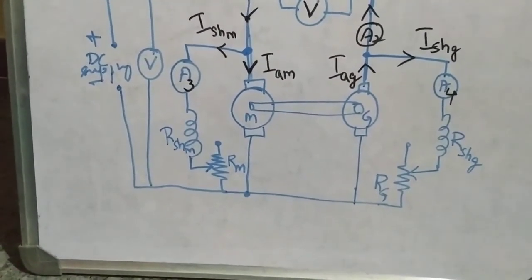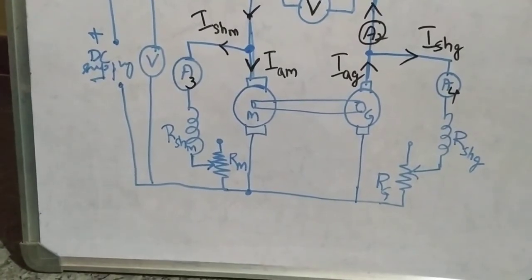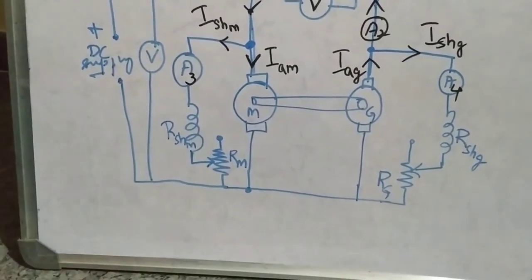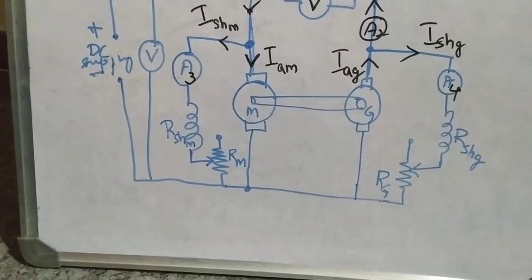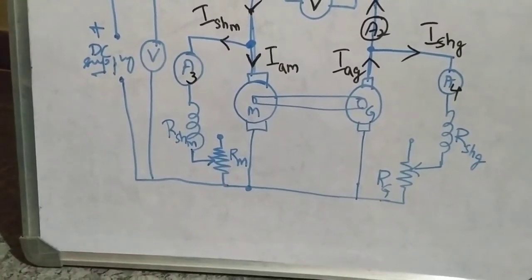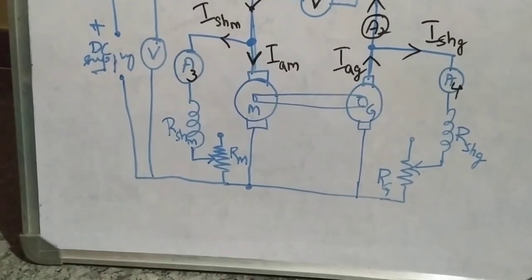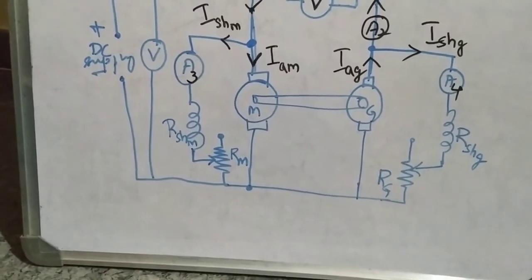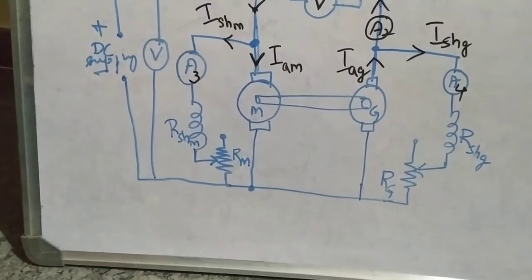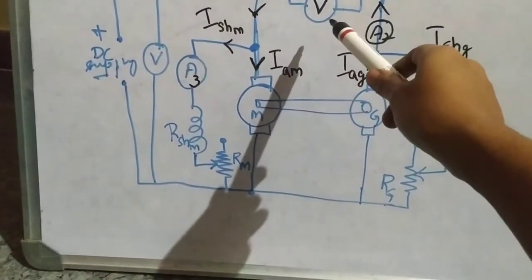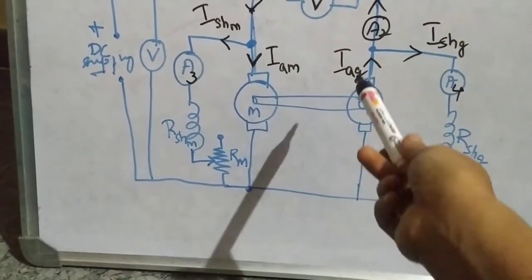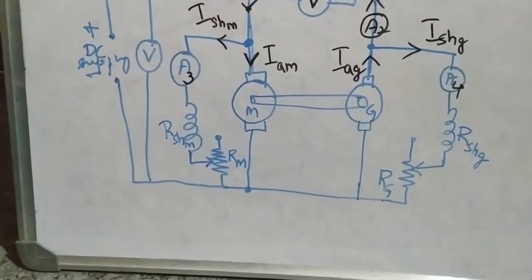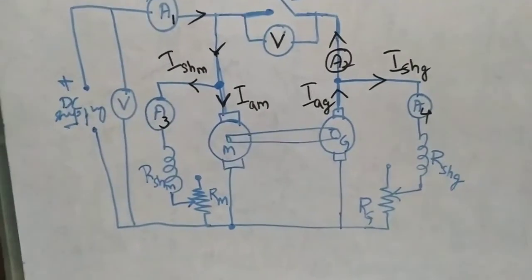Here the voltmeter will read 0. This will indicate that the generator voltage has the same magnitude and polarity as the supply voltage. It reads 0 because the difference of the voltages is 0.